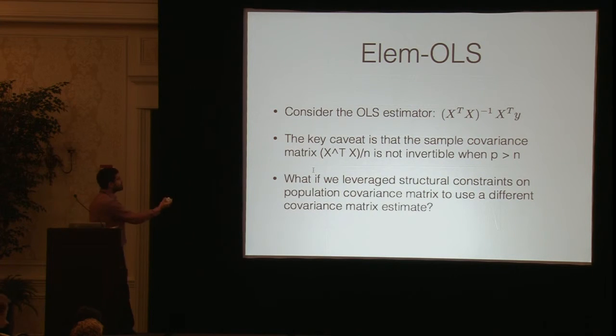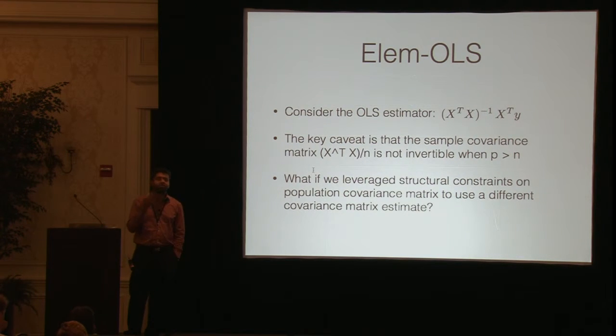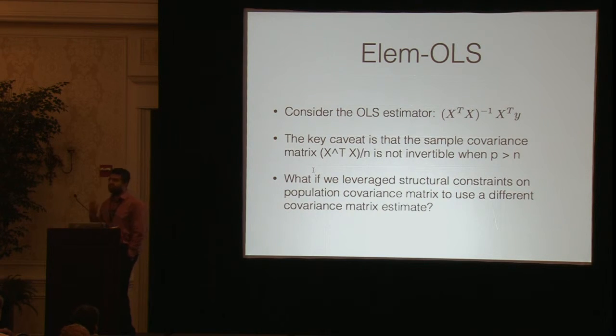And so I cannot solve this linear system with the sample covariance matrix in the high-dimensional regime where p is larger than n. So what do I do? What modification can I possibly make to the OLS estimator so that this becomes well-defined in the high-dimensional regime? In general, this is a difficult question to answer.